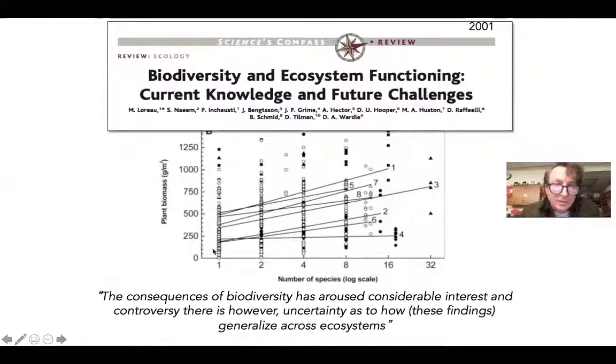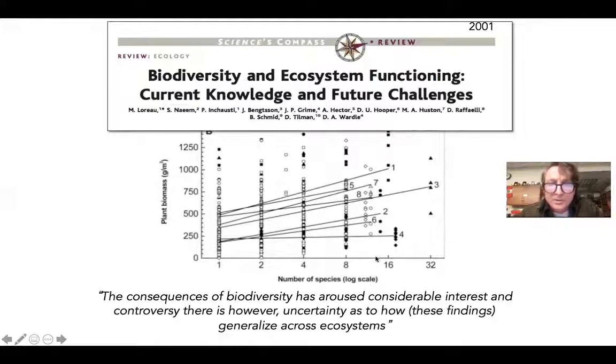It presents a plot of the total number of experimental studies at the time, looking at the relationship between number of species and a measure of ecosystem function, that is, the total amount of plant biomass present. What they find is that in general, yes, they tend to find these positive correlations, but I think you can all agree that the strength of that correlation is really low. That is, there's a lot of variation across here.